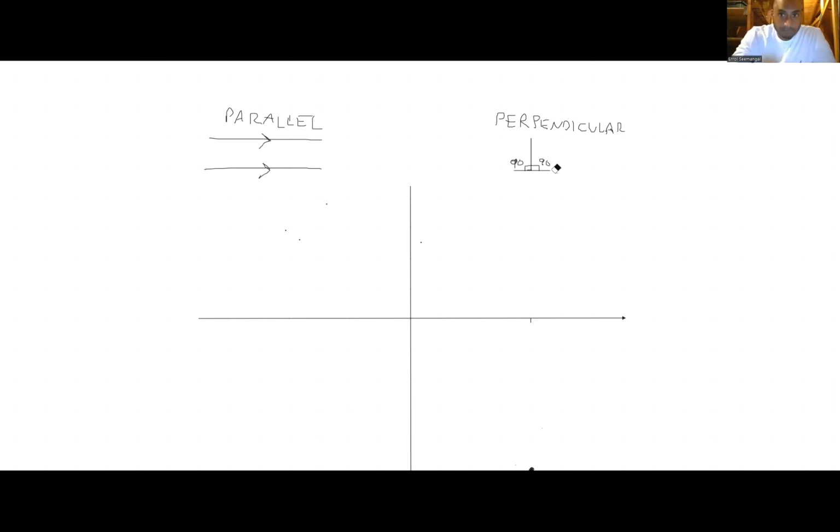Make sense? Yeah. Okay, so is the y-axis and the x-axis, are they parallel or perpendicular? Perpendicular. Yes, but why? Because they form a right angle.